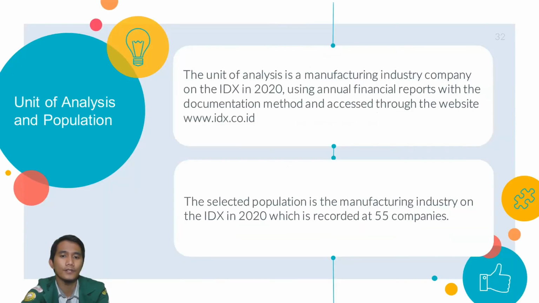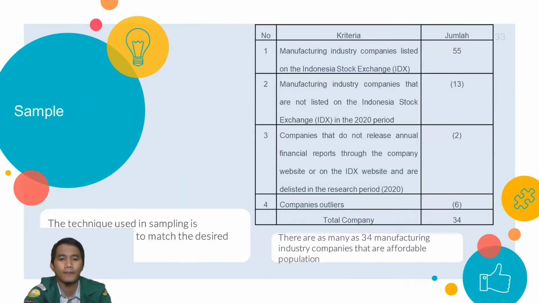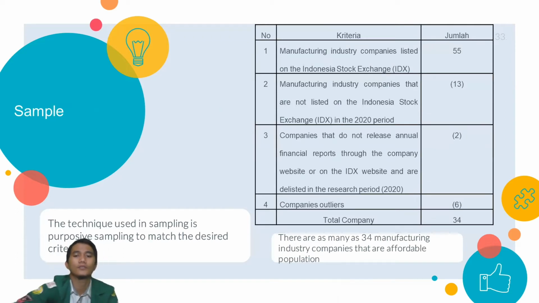Research methodology. The population is manufacturing industry companies listed on the index in 2020, with documentation from the website. The selected sample is 55 companies in 2020.